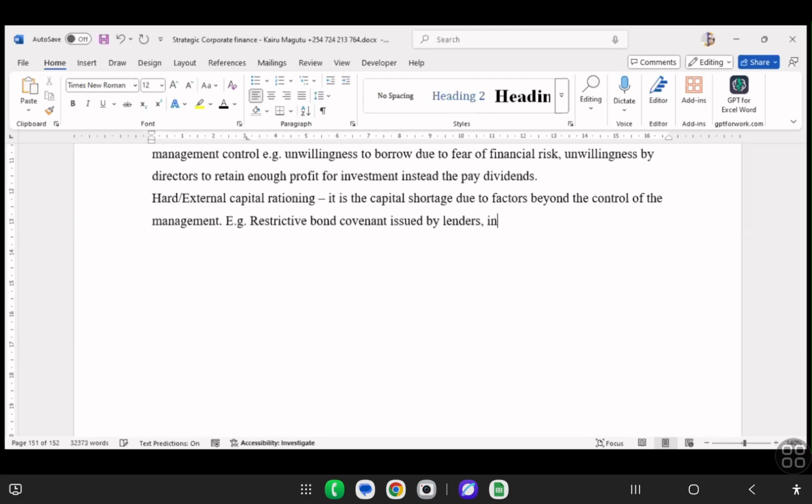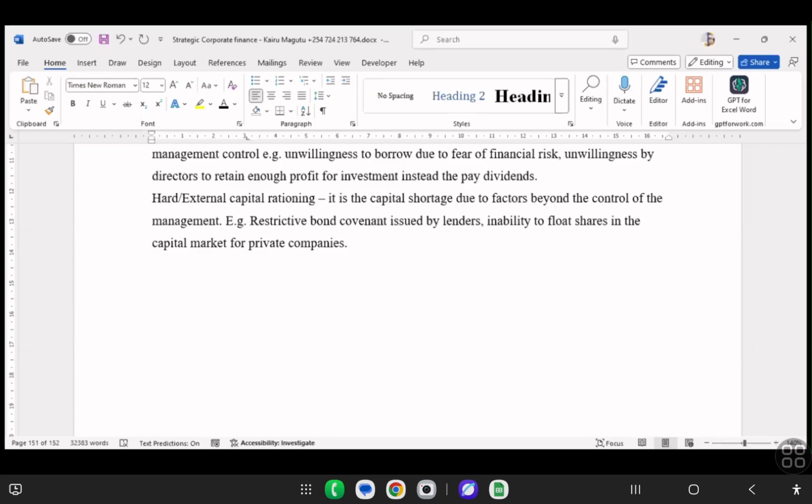The other issue is inability to float shares in the capital market for private companies.